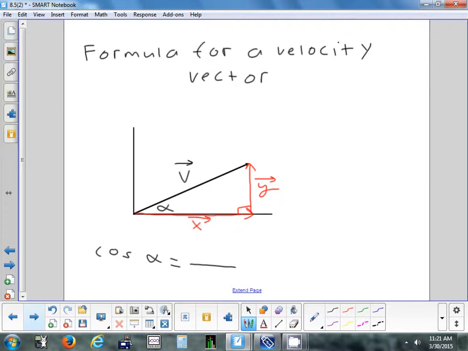Now, I want to put something in the top and the bottom here, but I don't want the actual vector in the top and a vector in the bottom. I just want to know the what about the vector. I only care about one thing about it in this picture.